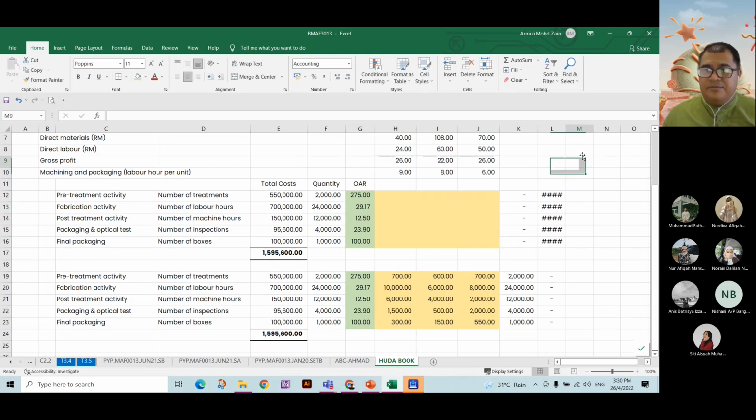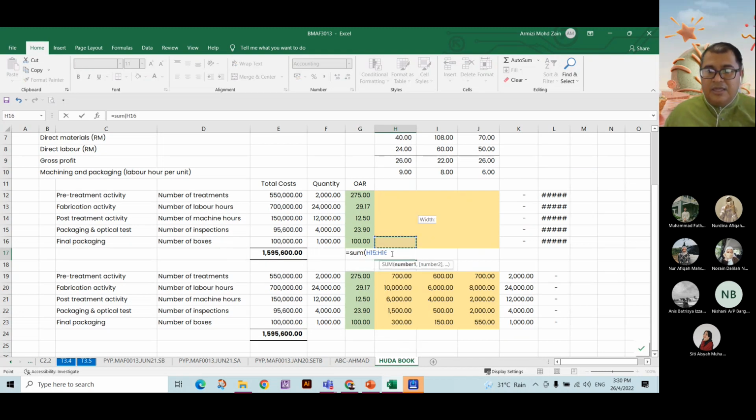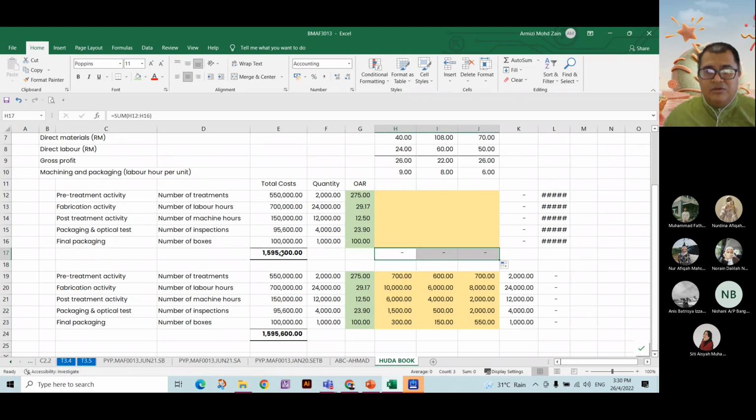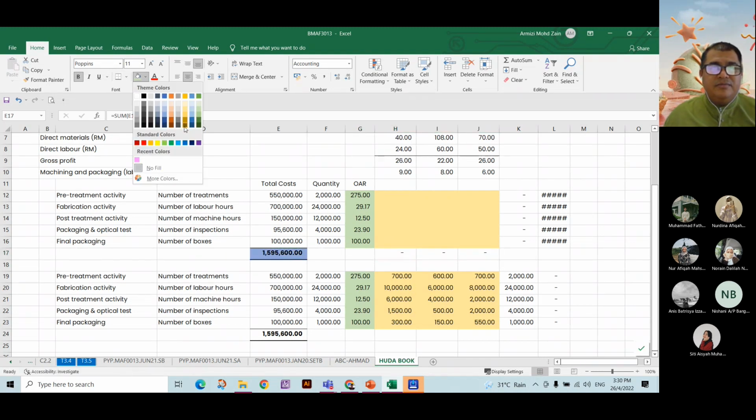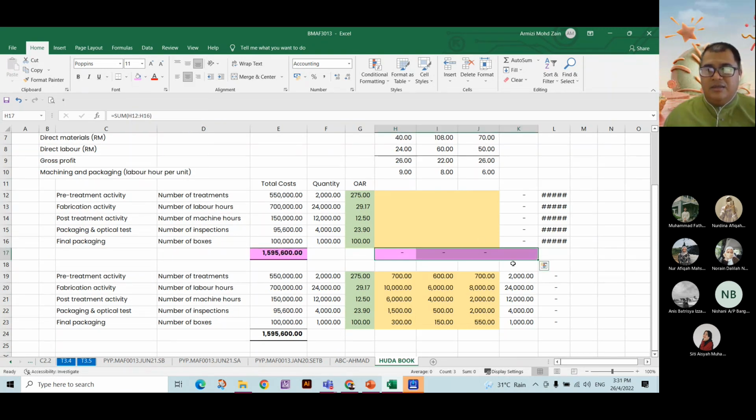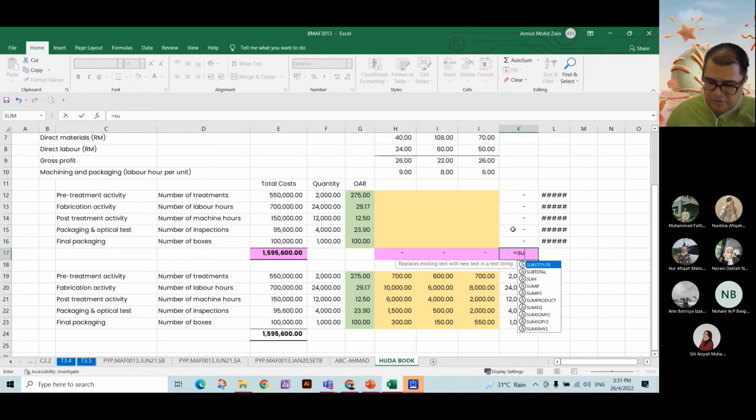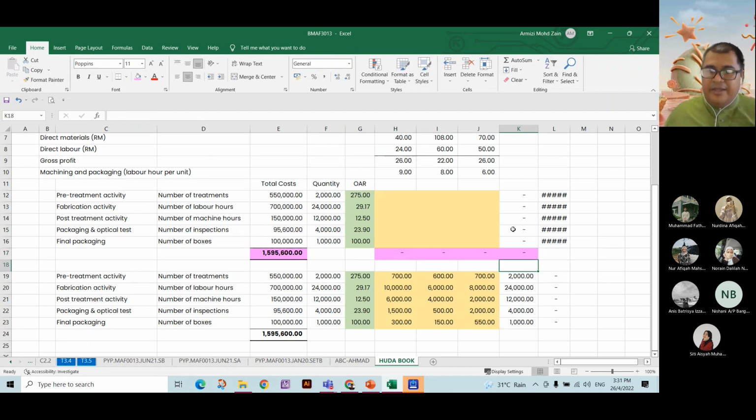Sebab kita guna OAR yang equal sum. Yang atas ni kita nak dapat semula 1,595. Ini mesti sama dengan kat sini. Ini equal sum, buat kurungan close bracket dapat. This one must be the same. Okay. So macam mana kita nak samakan?